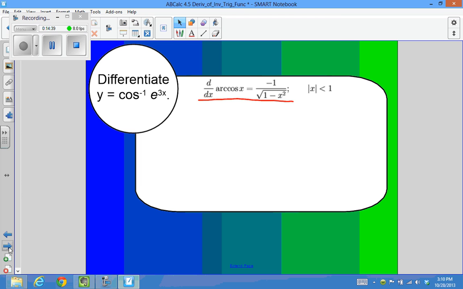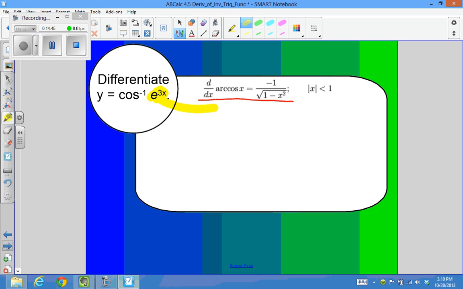This has e to the 3x right here that is in place of that x right there. Which means that it also needs to go in place of that x right there. Since I have e to the 3x that I'm taking the inverse cosine of, that's what's got to go in every time I see an x.